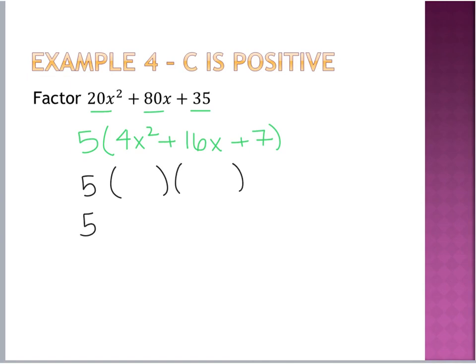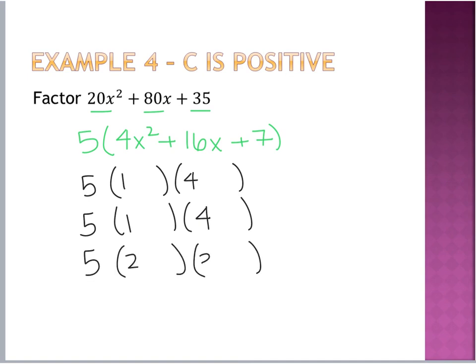Factors of 4 could be 1 and 4, or we could do 2 and 2. And factors of 7 are 1 and 7, and I can flip those to 7 and 1 for both of these.